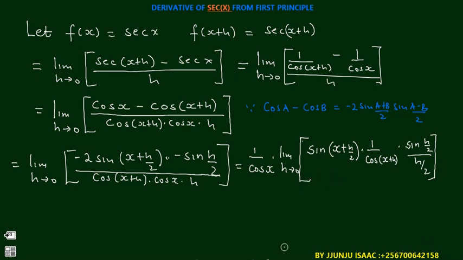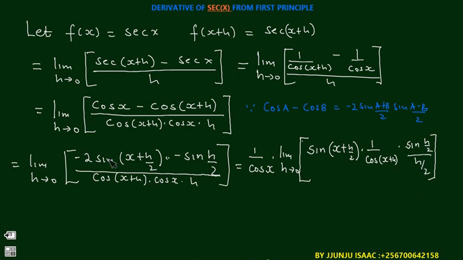So you can see that if h tends to 0, here we shall have x plus 0, which is x. Here we shall have also x, but here we are going to have a 1. We've been seeing it in most of the derivations we have done.